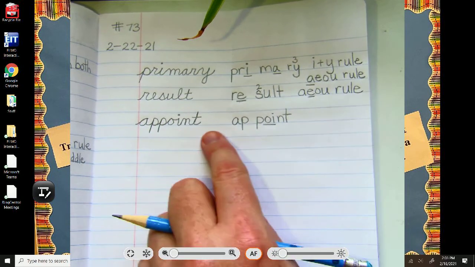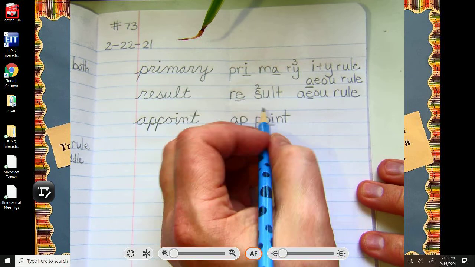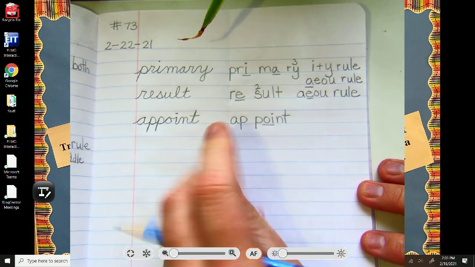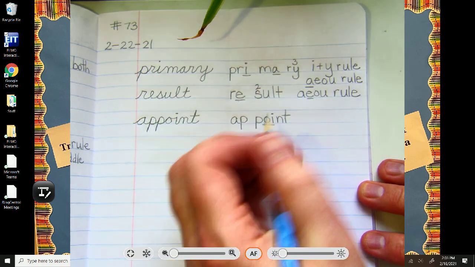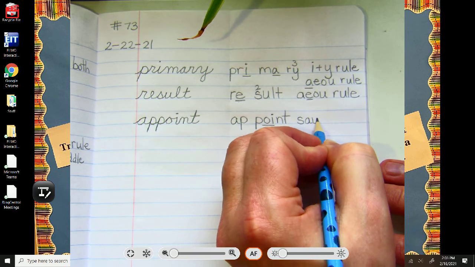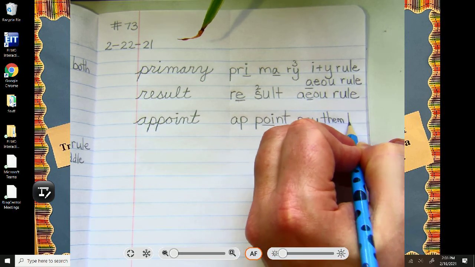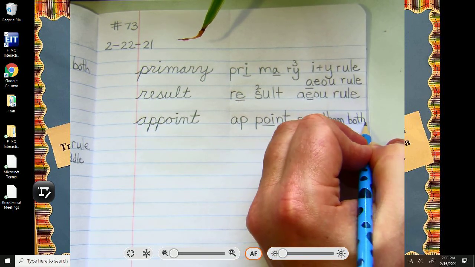We just say a point. So, a point I would like to make about this word is that there is a rule. Did you already have it? Say them both. Ap, point.